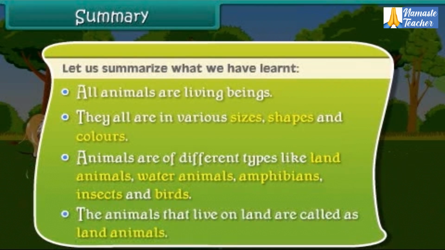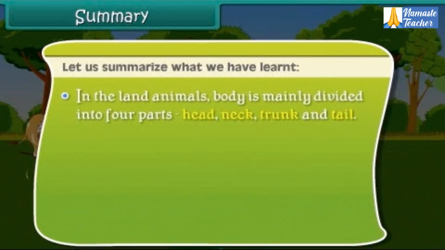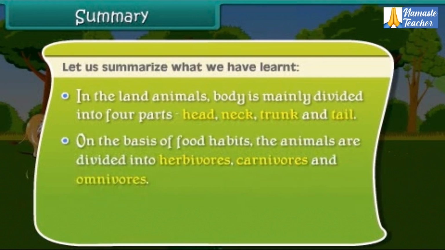The animals that live on land are called land animals. In land animals, the body is mainly divided into 4 parts: head, neck, trunk, and tail. On the basis of food habits, the animals are divided into herbivores, carnivores, and omnivores.